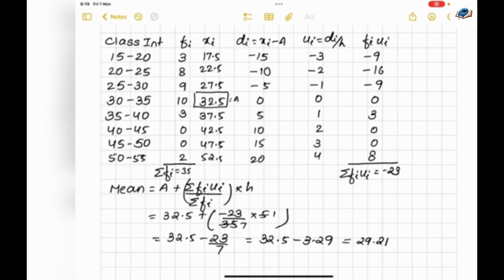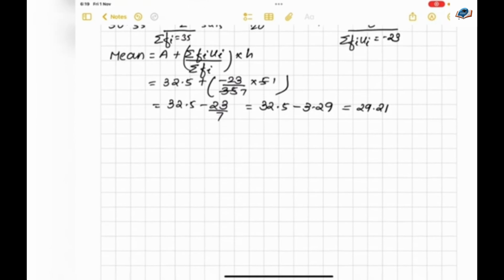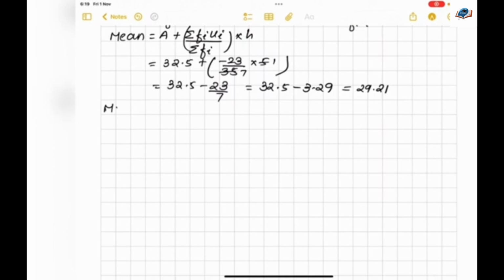Now for mode, I have to see in fi the maximum value. So 10 is the maximum value. So this is the modal class. So for mode, L equal to 30, F1 equal to 10, F0 equal to 9, F2 equal to 3, and H equal to 5.